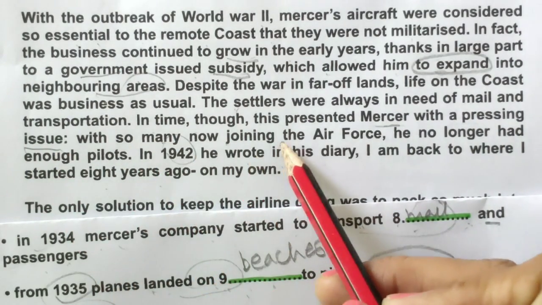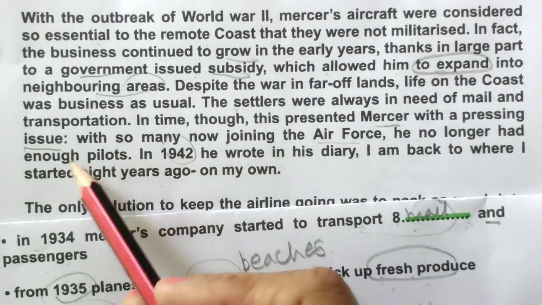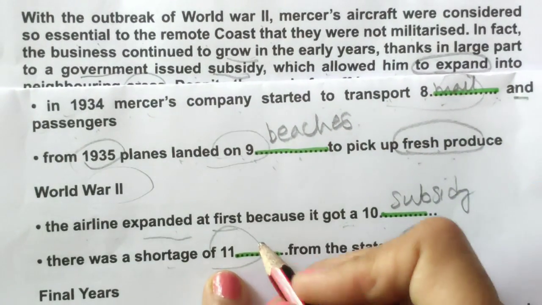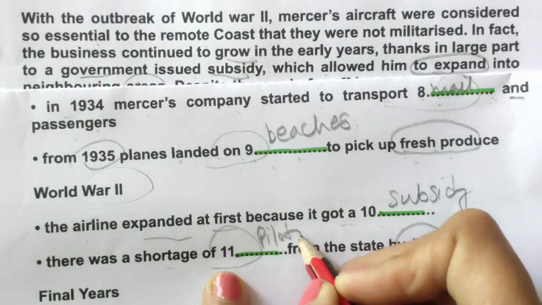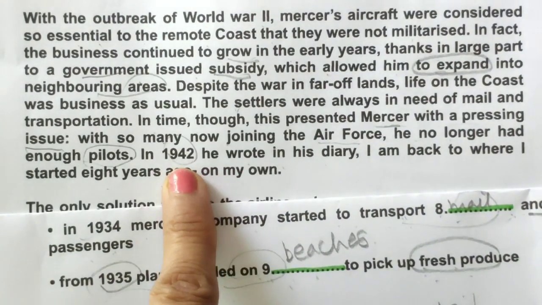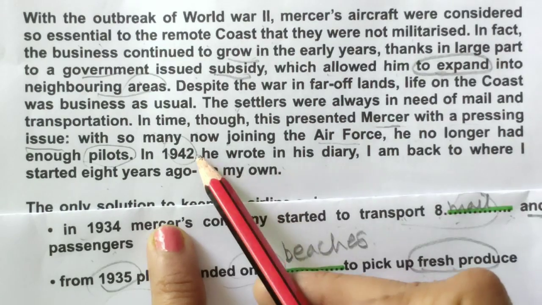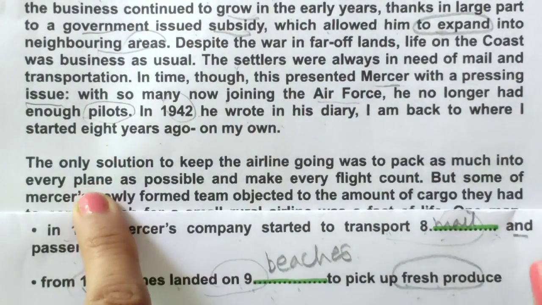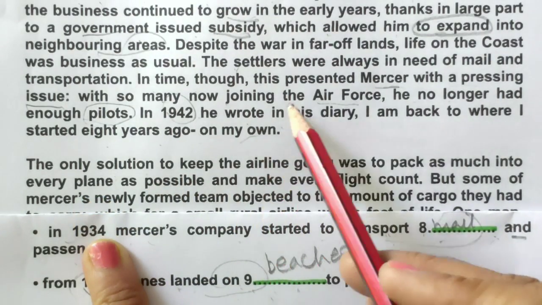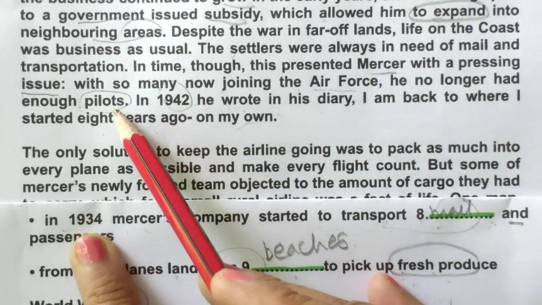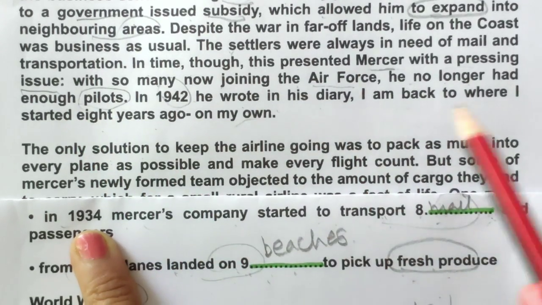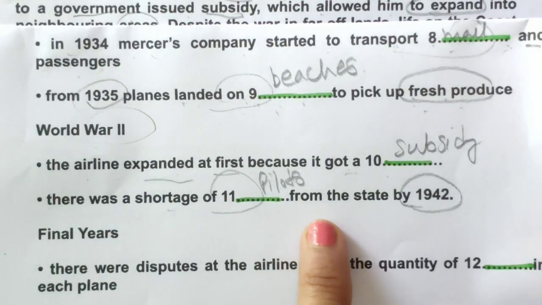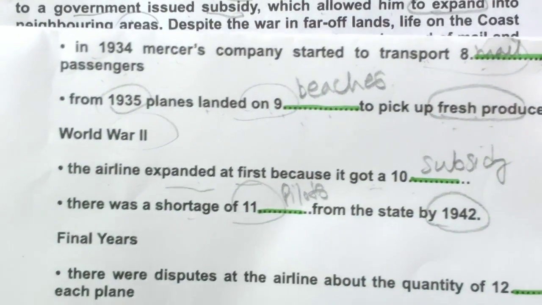With so many now joining the Air Force, he no longer had enough pilots. So pilots, there was a shortage of pilots. Because where we have got the location, try to read. If here I am not getting the same sentence structure, then you can read it further and you can read it here also. But in the above line, we have got the location. He no longer had enough pilots. In 1942, there was a shortage of pilots from the state by 1942.